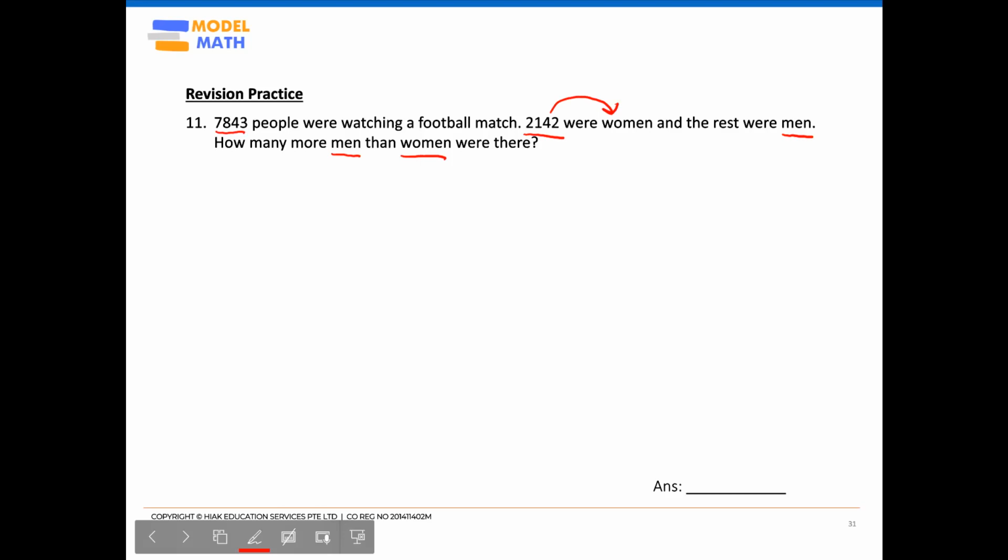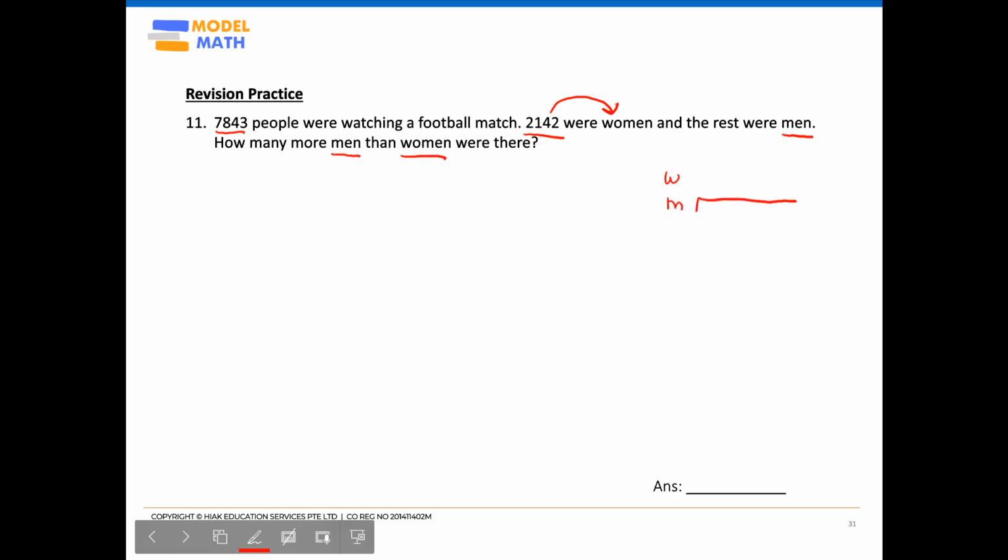So the next question that you may ask is, when then should I be drawing a model? Imagine if this question, instead of giving you the number of women, gave you the difference instead. If the total and difference are given, you can draw a comparison model for women and men.